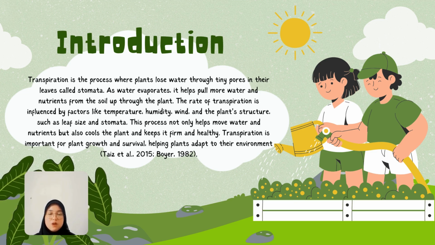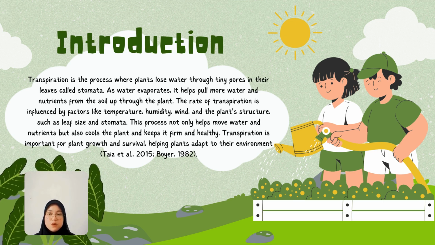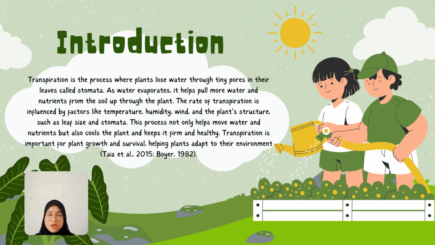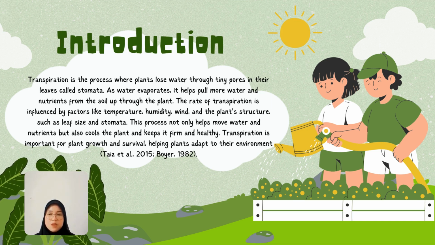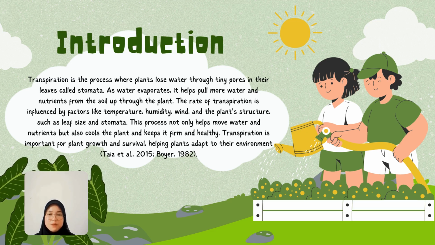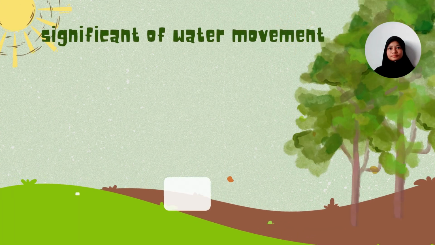This process not only helps move water and nutrients, but also cools the plant and keeps it firm and healthy. Transpiration is important for plants' growth and survival, helping plants adapt to their environment.